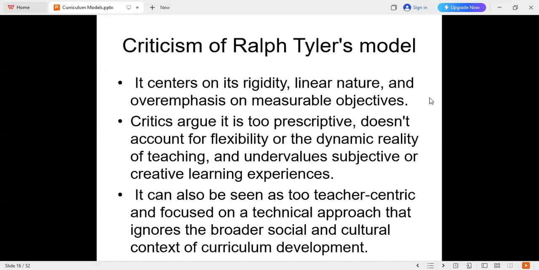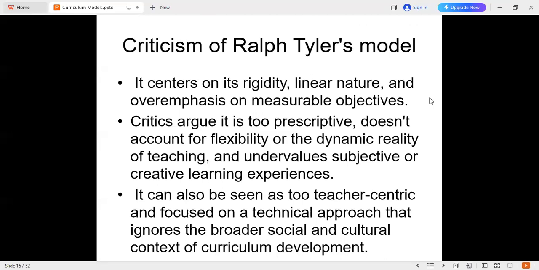It is focused on a technical approach that ignores the broader social and cultural context of curriculum development. In this curriculum development, he has ignored some other factors, only the content, subject, the learning experience and all.